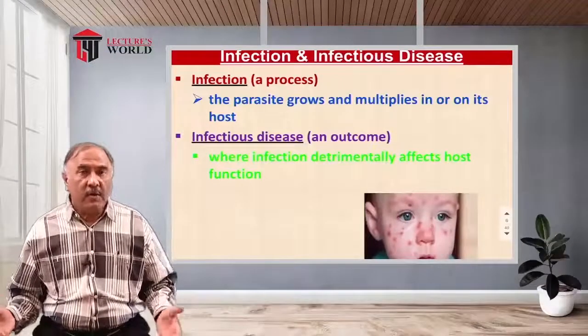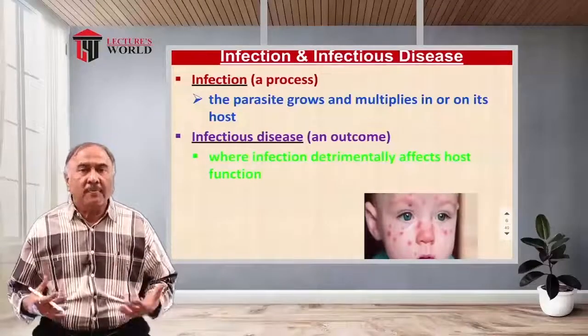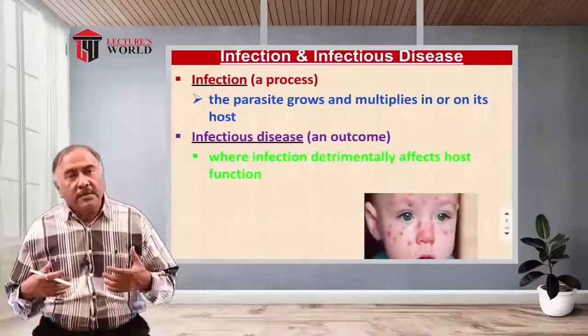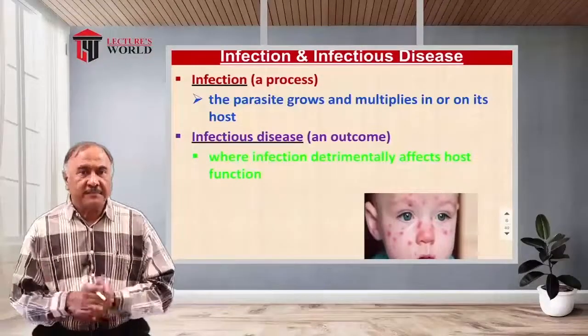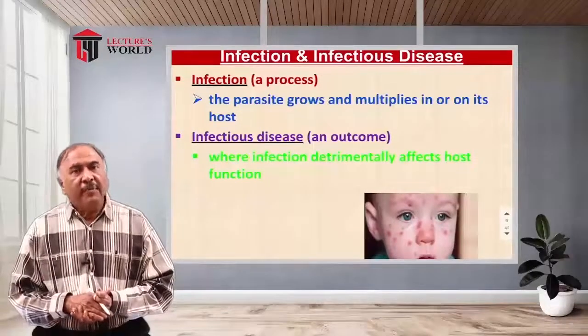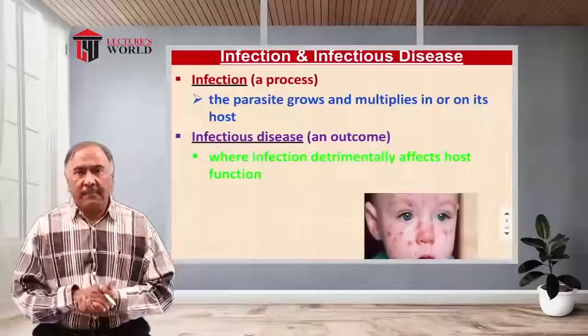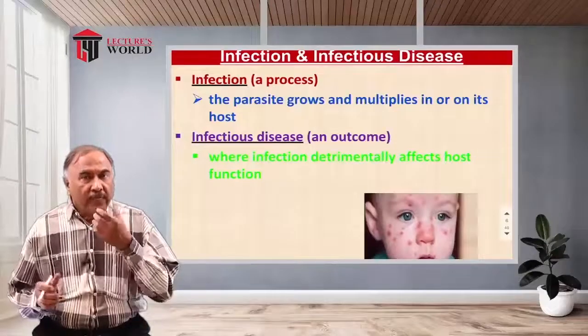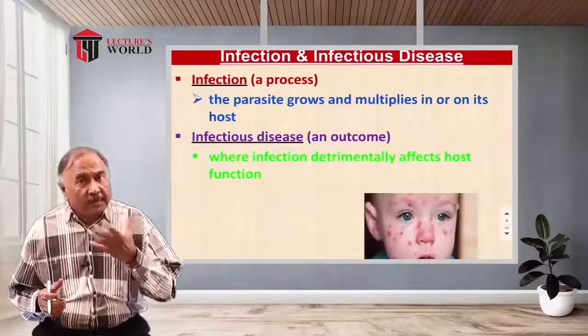Even a healthy individual is infected. Everybody is infected with normal flora, like the presence of Escherichia coli in our intestinal tract, the presence of various staphylococci on our skin and body parts, and the presence of various organisms existing as normal flora in the mouth.